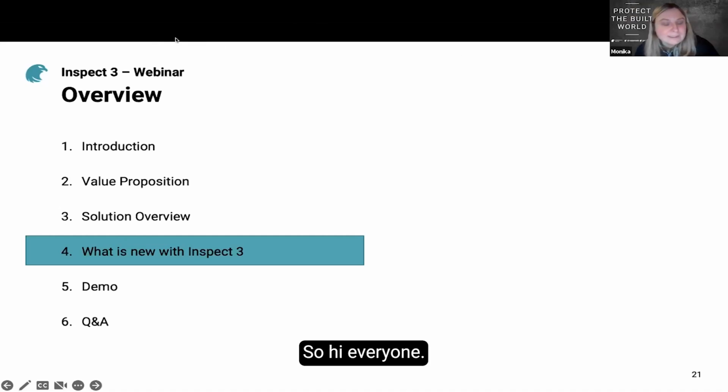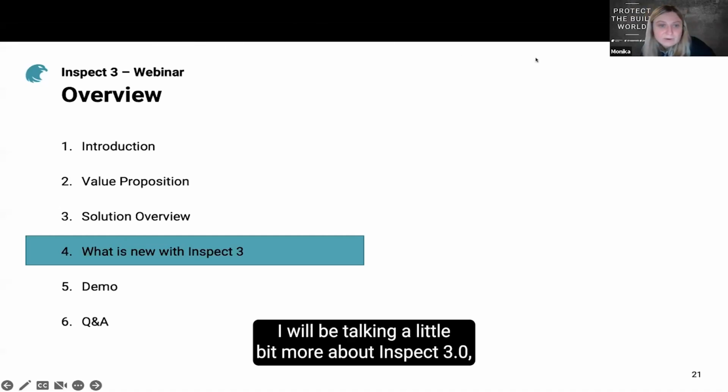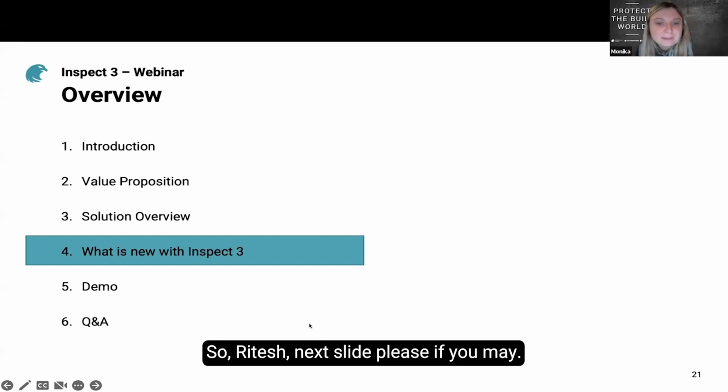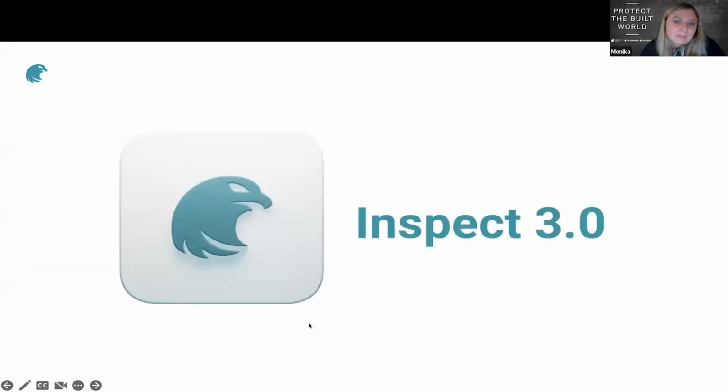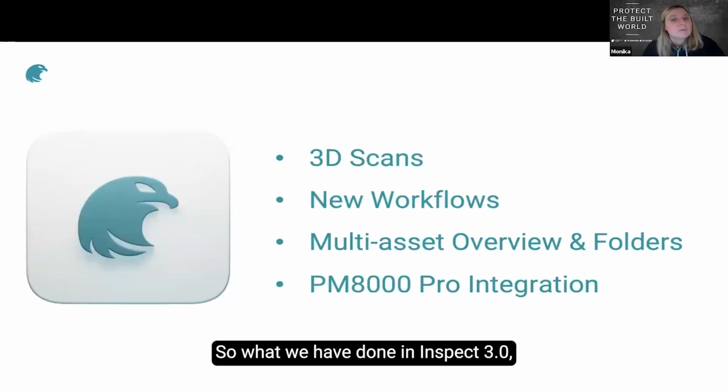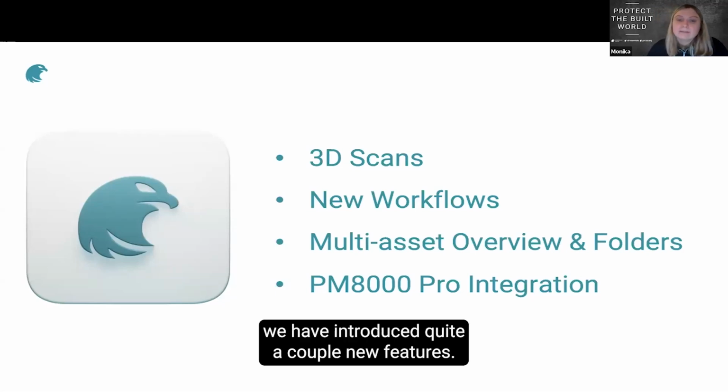So hi, everyone. I will be talking a little bit more about Inspect 3.0 and what's new in there. So Ritesh, next slide, please, if you may. Next slide. So what we have done in Inspect 3.0, we have introduced quite a couple of new features.